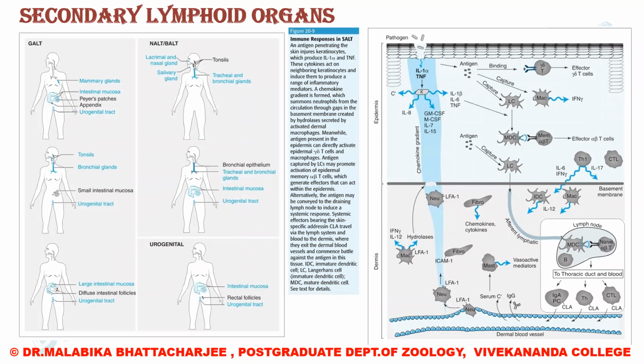Among the most important mucosal effector sites are the exocrine glands such as the salivary and the lacrimal glands. These glands produce protective external secretions that contain antimicrobial molecules and secretory antibodies.